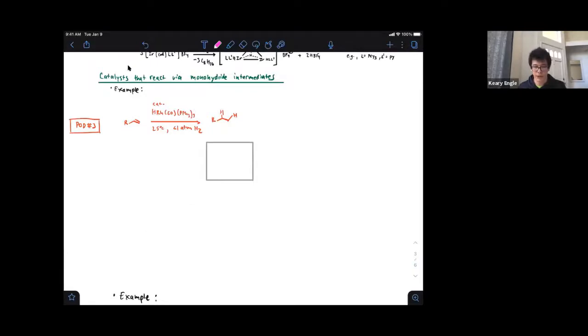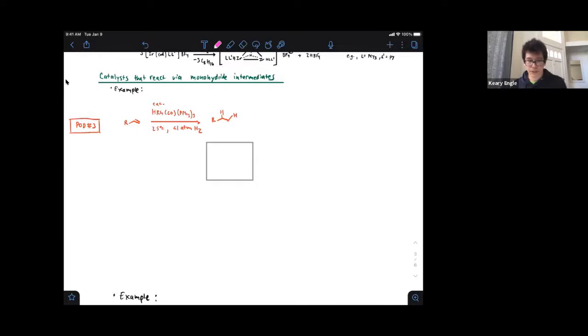read the question here, and it's summarized with this reaction scheme: Wilkinson's catalyst, as we've seen, can hydrogenate terminal and internal olefins. In contrast, this species drawn is only selective for hydrogenating terminal olefins.